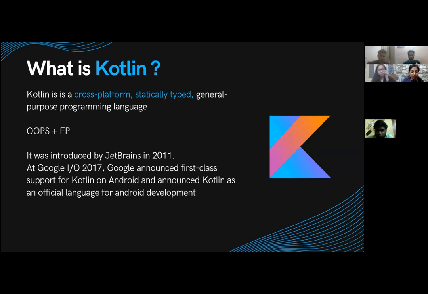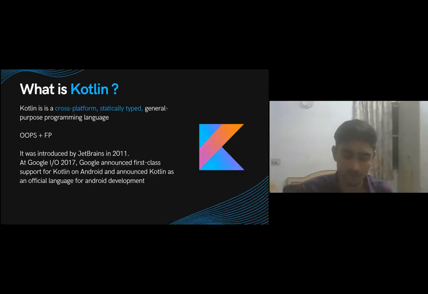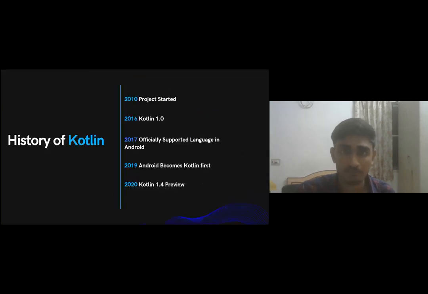Let me just briefly give you the history of Kotlin. On the screen we have the history of Kotlin. Kotlin was started as a project by JetBrains in 2010. Later in 2016, the official Kotlin 1.0 version was released by JetBrains.